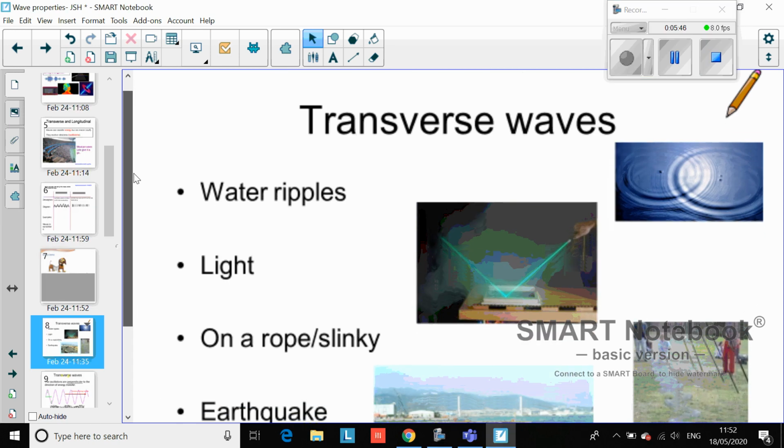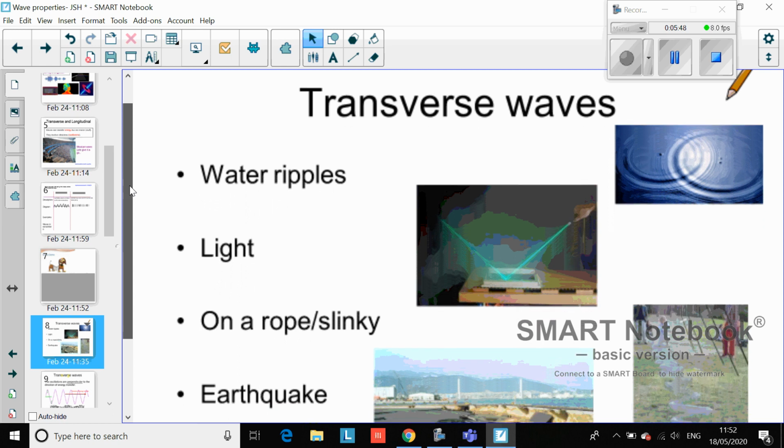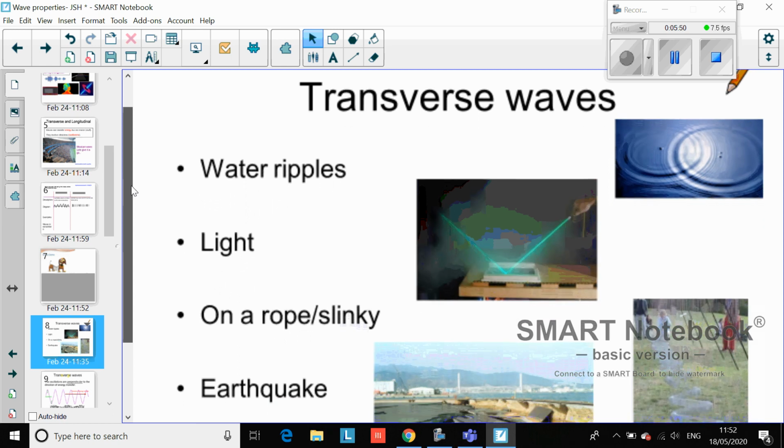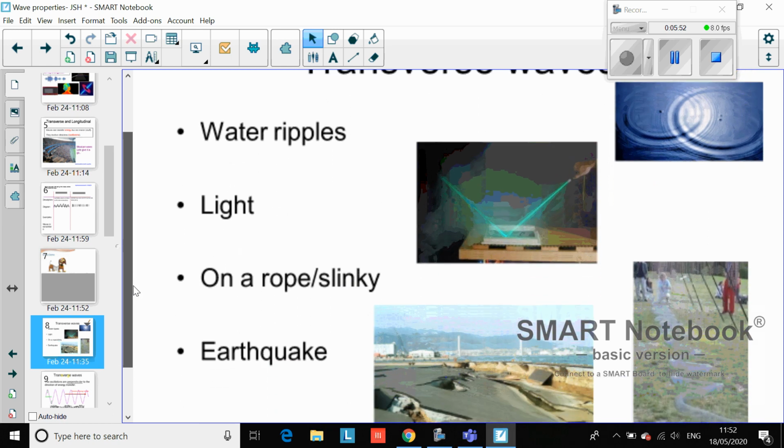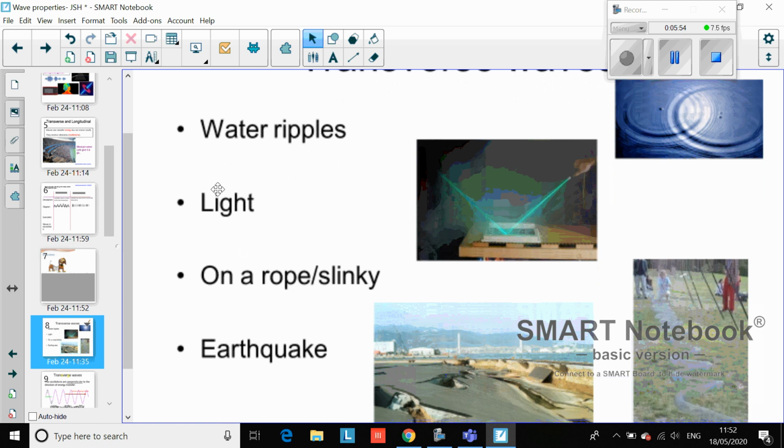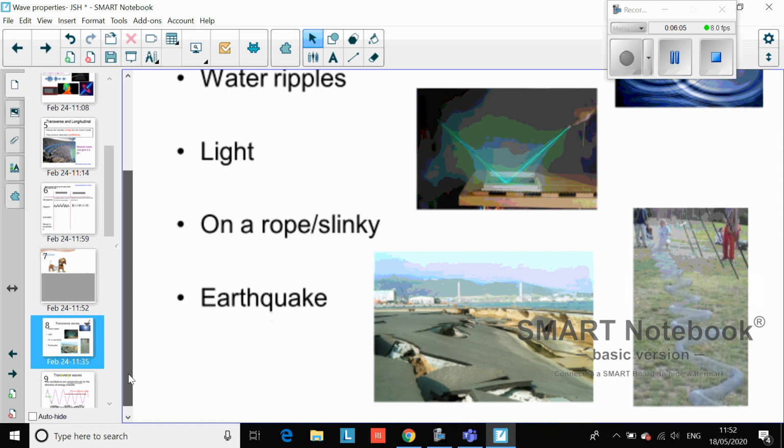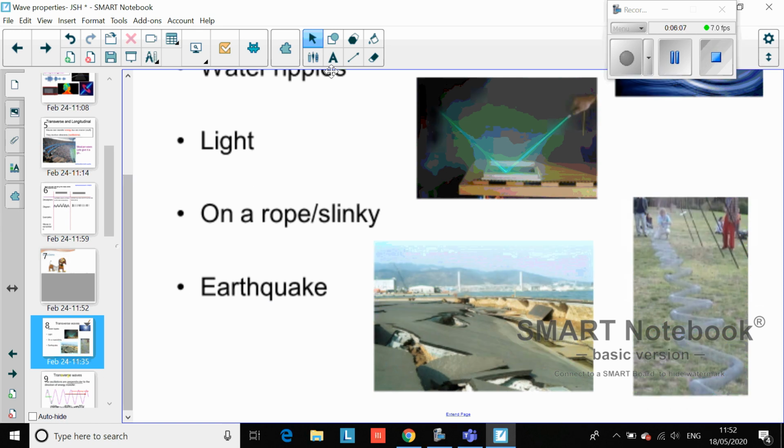Okay, welcome back. So just to finish that off, examples of transverse waves would be water ripples, light, all forms of light, I should say, so not just light, but radio waves, microwaves, things like that. You could do it on a rope or slinky, like they've got in the picture here. Some kinds of earthquake waves are also transverse.